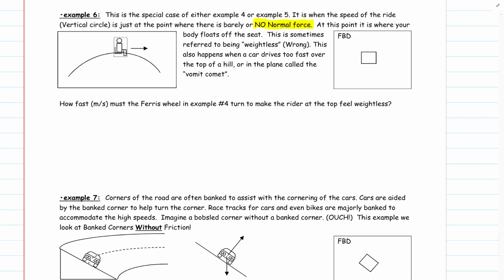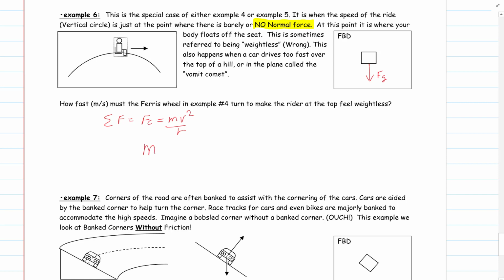So the only force acting on you is the force of gravity. So the sum of the forces is equal to Fc, which is equal to mv squared over r. And the Fc is the force of gravity.